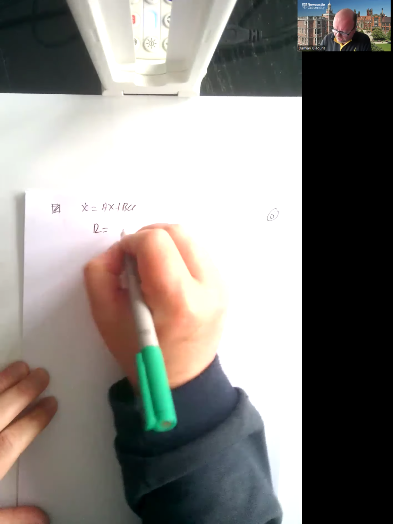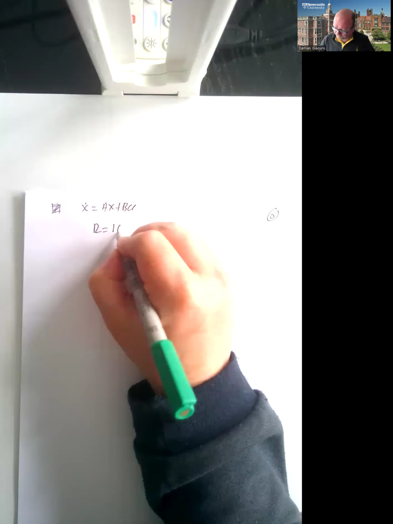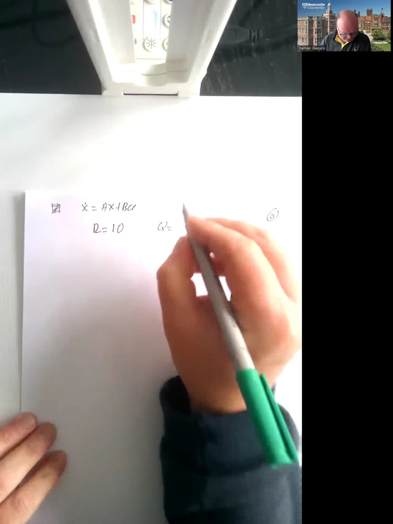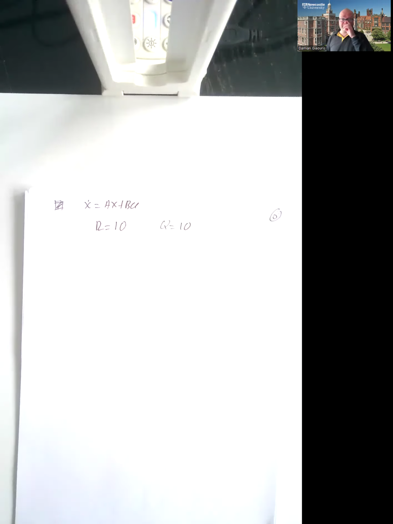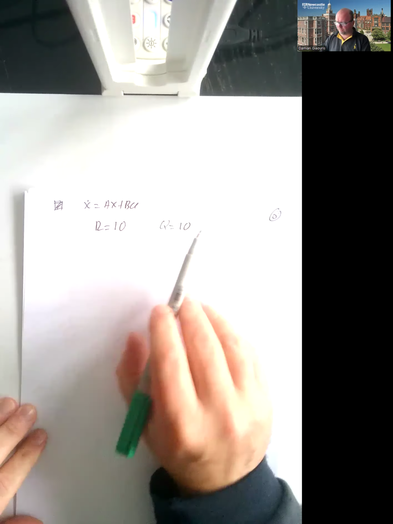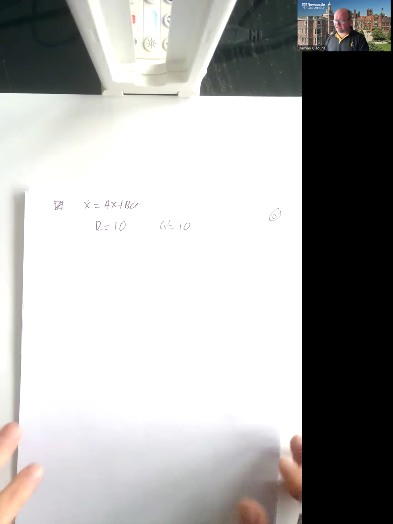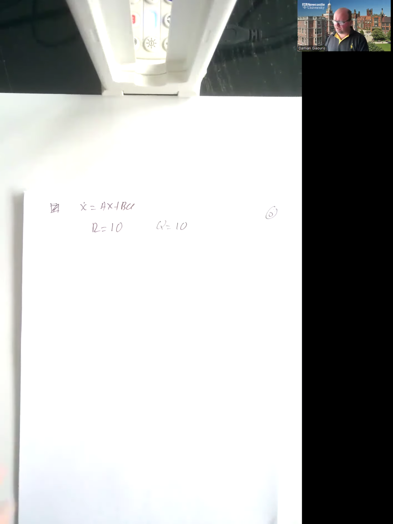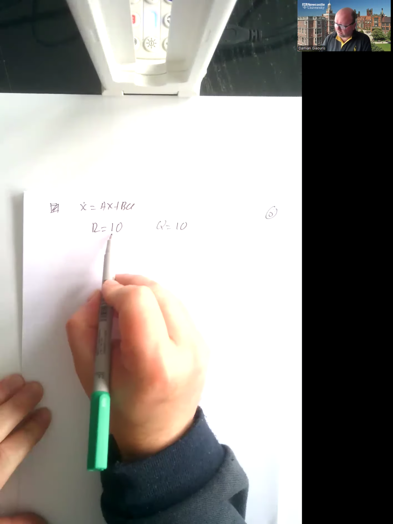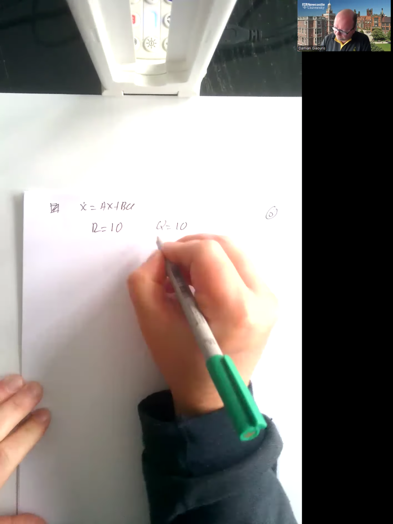In one case, R is say 10 and Q is 10. We have seen in the class that these could be matrices. I don't want to make it more complicated with the dimensions of R and Q. Let's say that this is a single 1 by 1 system, but the logic is the same for 2 by 2, 3 by 3, and so on. So I have 10 and 10, 1 and 1.